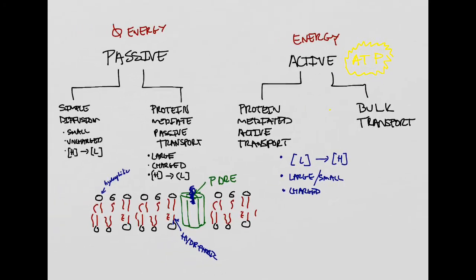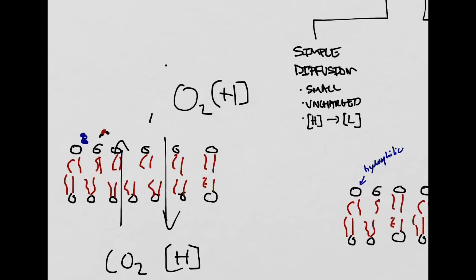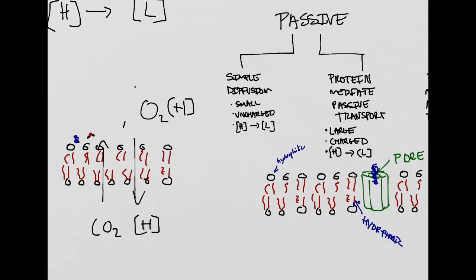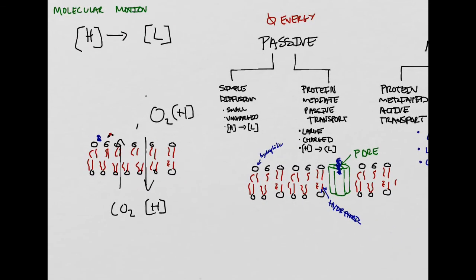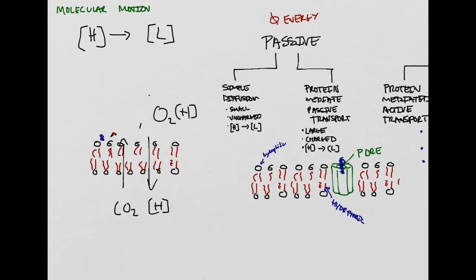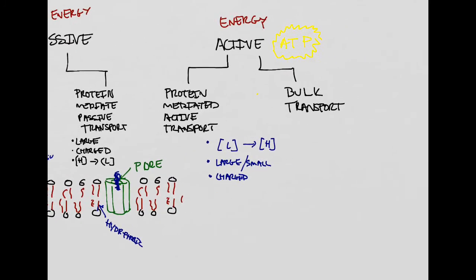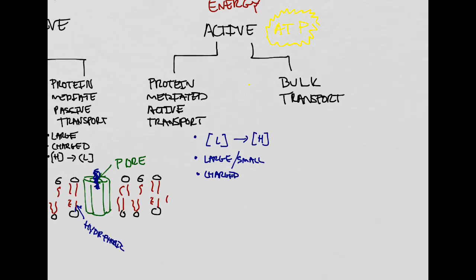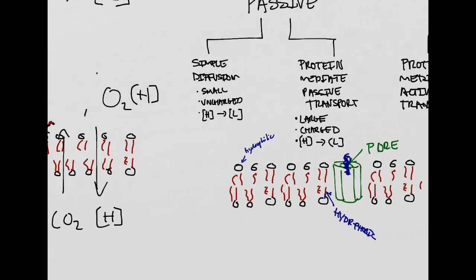The thing to note here is that things moving through the membrane by simple diffusion, small uncharged molecules, we can't really keep them in a place against their concentration gradient because they just move through the membrane easily by themselves. So basically, with protein-mediated active transport, we can only control the movement of charged things or large things, because small uncharged things are just going to go through. We can't do much about it.